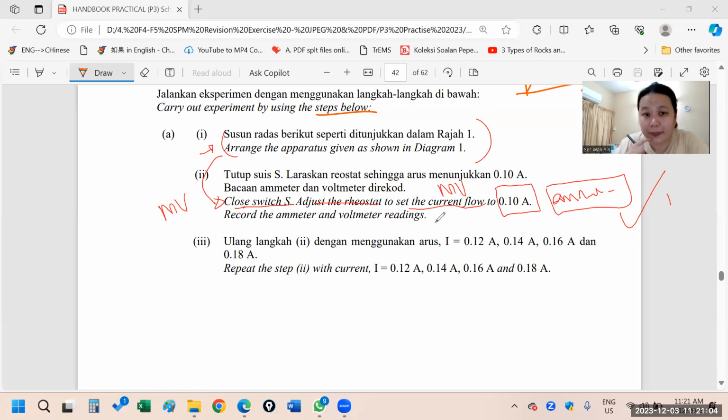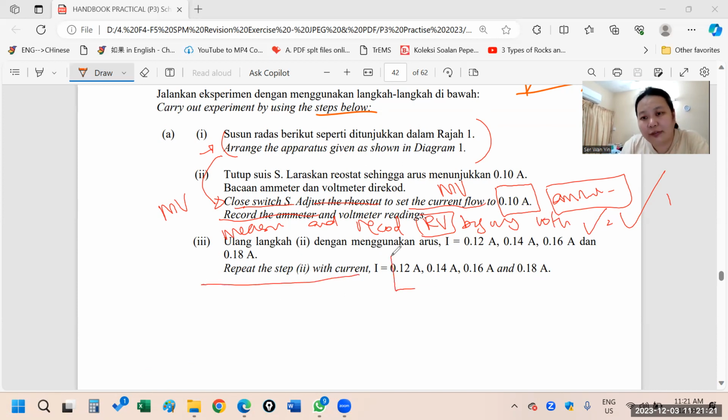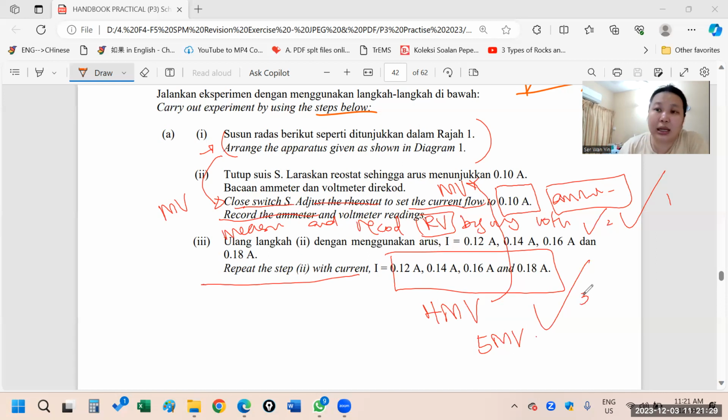Mark 1. Measure and record your RV, meaning potential difference, by using voltmeter. Second mark. Repeat the step with 4 more MV, plus 1 MV on top. You got 5 MV, another mark.